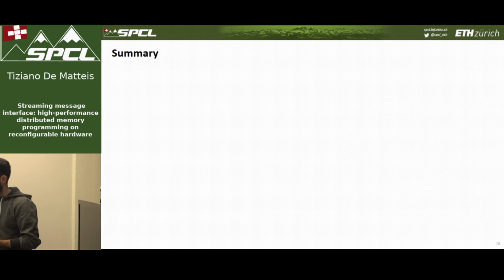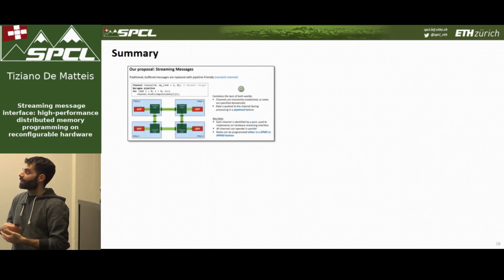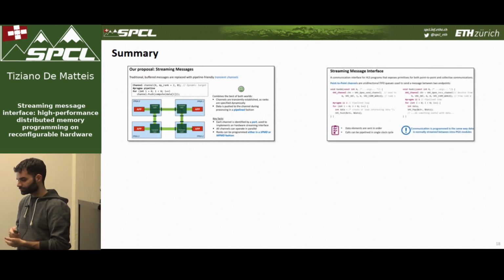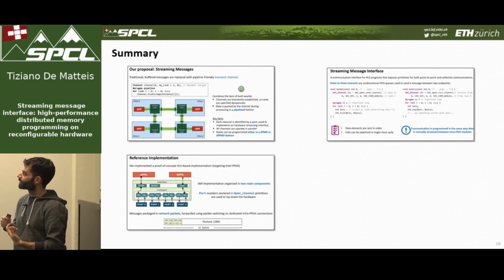So in conclusion, in this work we presented streaming messages, which are a programming model for reconfigurable hardware that unifies both traditional message passing with the HLS programming model. We defined a streaming message interface which captures this concept by providing to the user a set of primitives for point-to-point and collective communications.